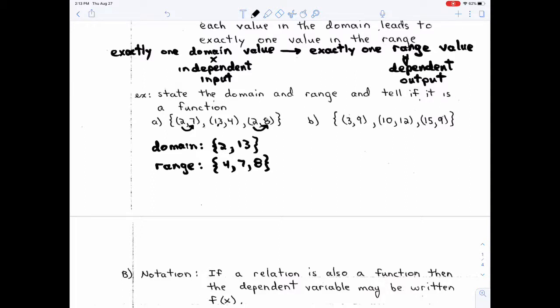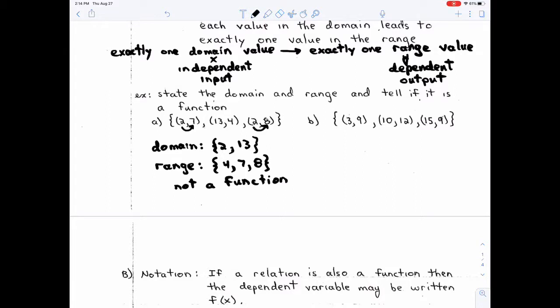Since you could hand me back either 7 or 8, exactly one value of x, 2, leads to more than one value of y. Therefore, it is not a function. Now you could say, well, what about the 13 and the 4? Yeah, but it has to work for everything in the whole problem.